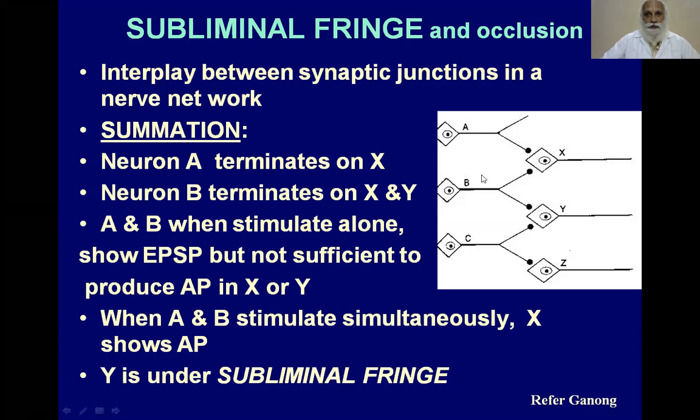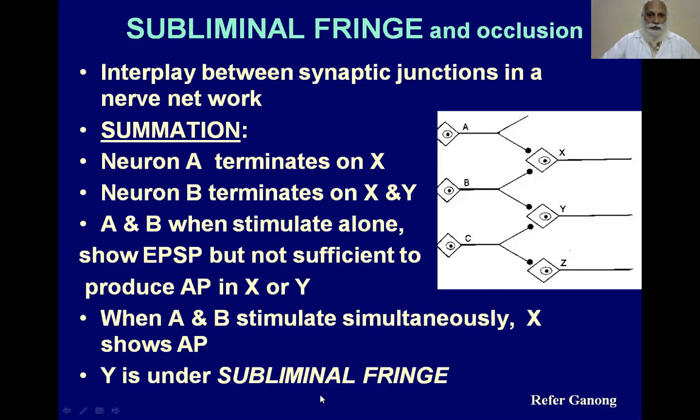And if you stimulate both A and B, then there is summation. There is summation, then X will show an action potential. So what happens to the Y? Y is still having a small EPSP. So it has not yet reached the threshold.